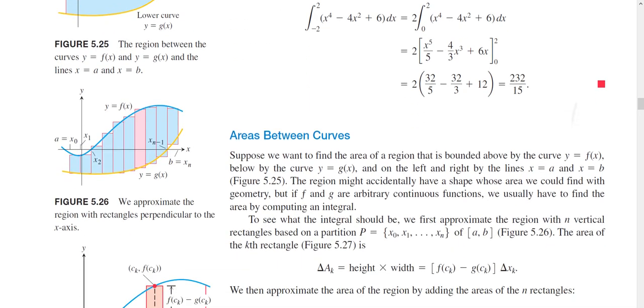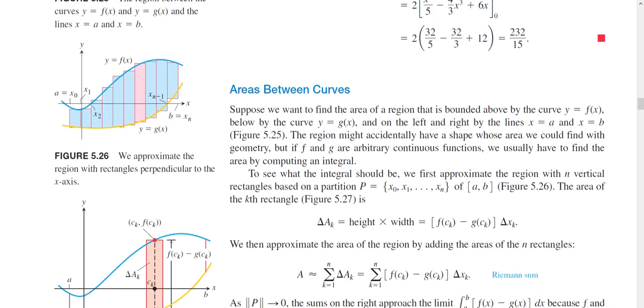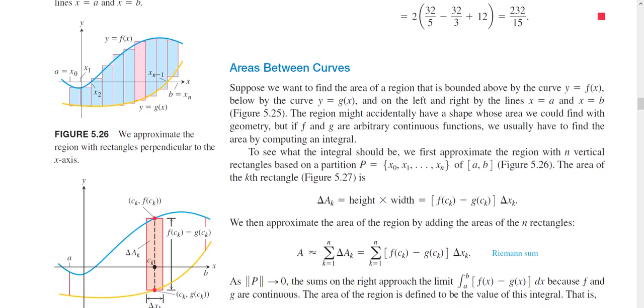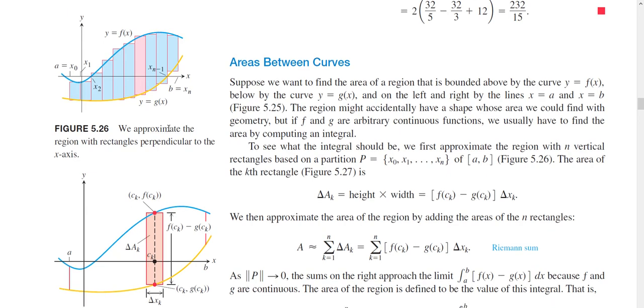Now, area between the curves. So if we have an upper function f(x) and a lower function g(x), this order actually matters while evaluating the area between the curves, the upper curve and the lower curve. So before finding the area, you should draw the figures so that you can see which curve lies upwards and which curve lies downwards.